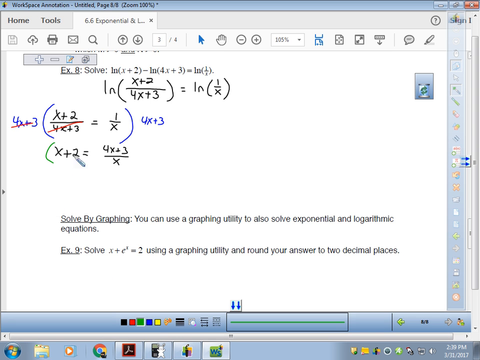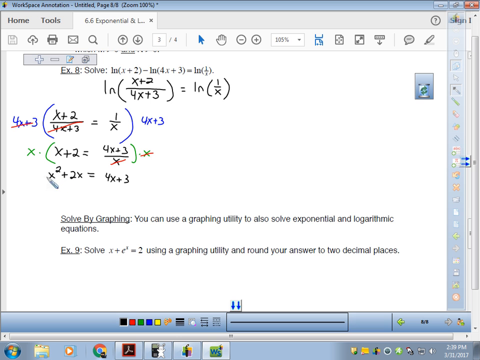And then I'm going to multiply both sides by x. So here on the right-hand side, the x's can cancel, and so I just have 4x plus 3. On the left-hand side, x times x is x squared, x times 2 is 2x.